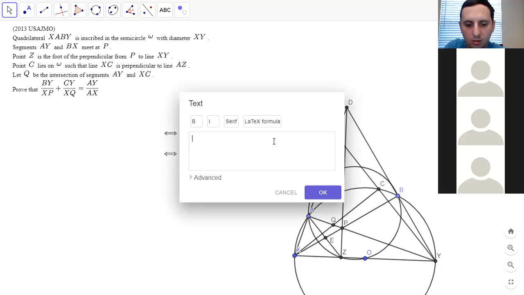So we will immediately have some geometry. So BY over XY is sine of angle BXY. Sorry, sine angle BXY, yes.